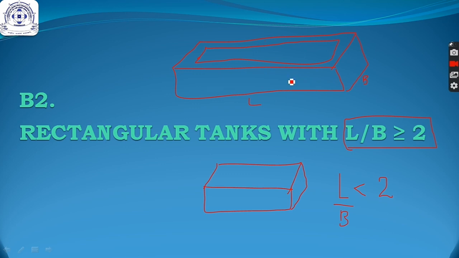Now look at the picture here. This is a very long wall which has quite a large length as compared to its width. So here it will behave independently as compared to the short wall, because it has a very large length. It will not be much supported by the short wall. And what happens in the short wall?